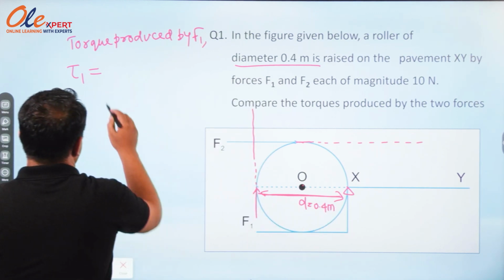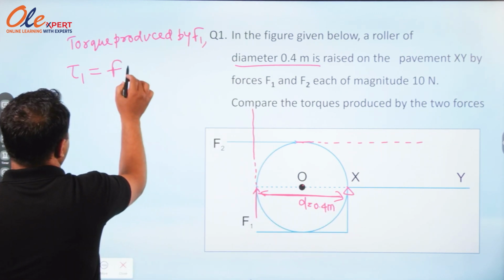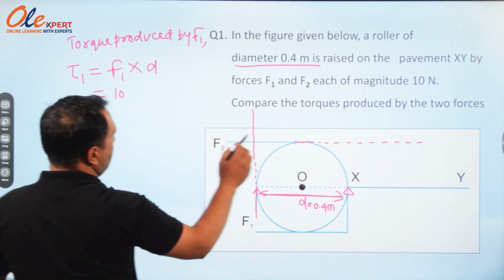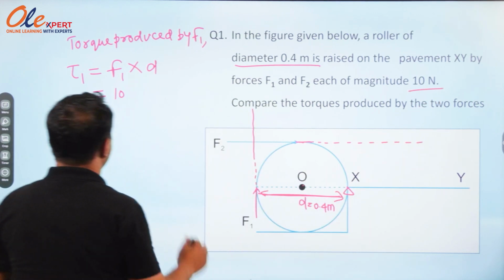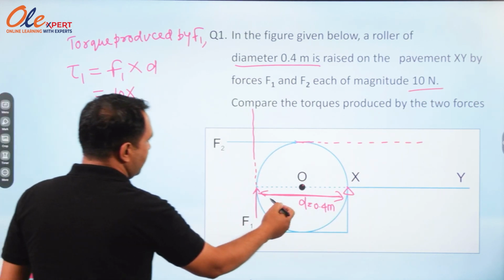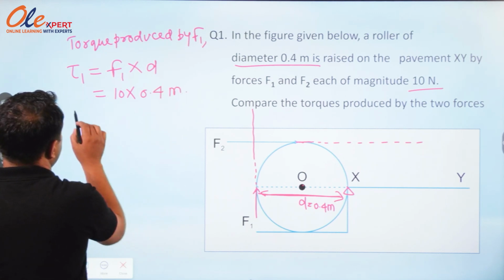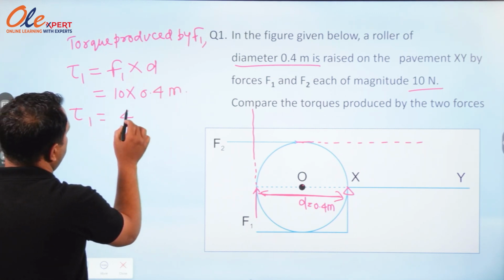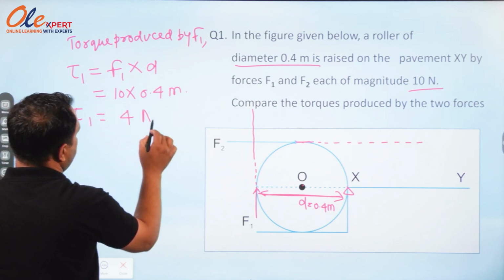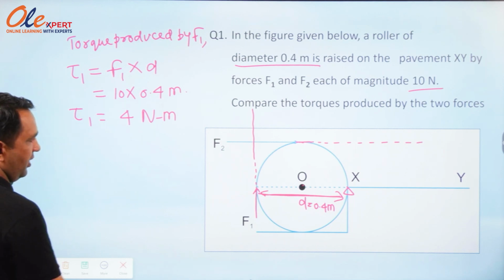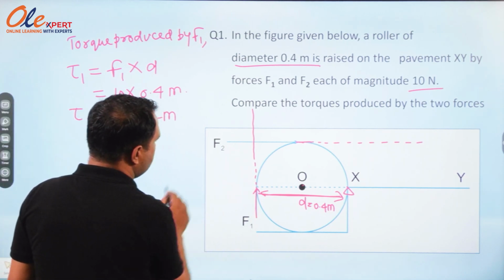Tau 1 is equal to F1 into D, and the force is 10 Newton multiplied by the perpendicular distance, which is 0.4 meter. So tau 1 is equal to 4 Newton meter.